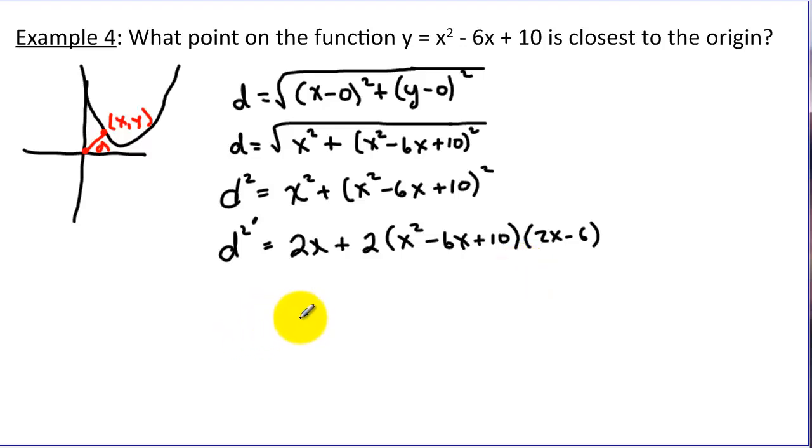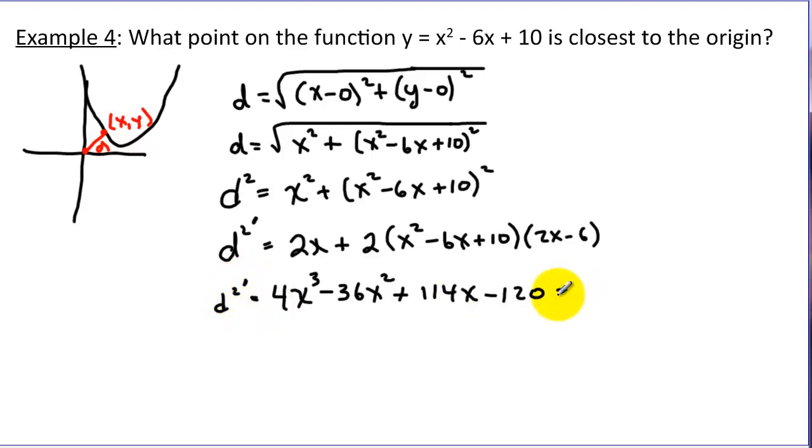And if I distribute here and expand and get like terms, our derivative function is 4x cubed minus 36x squared plus 114x minus 120. Now that's the derivative of d squared.